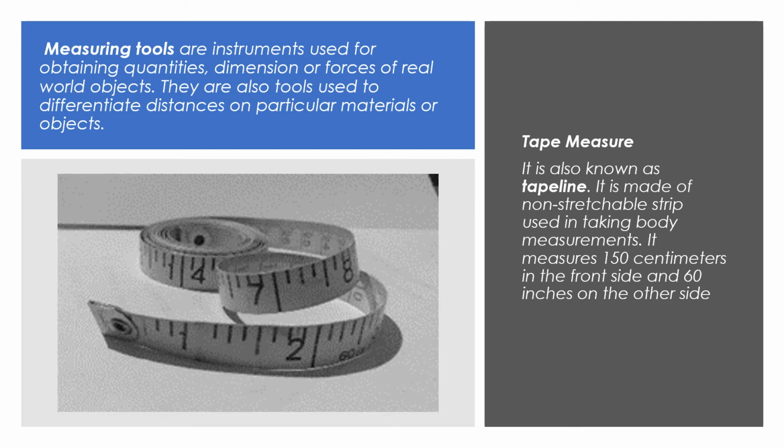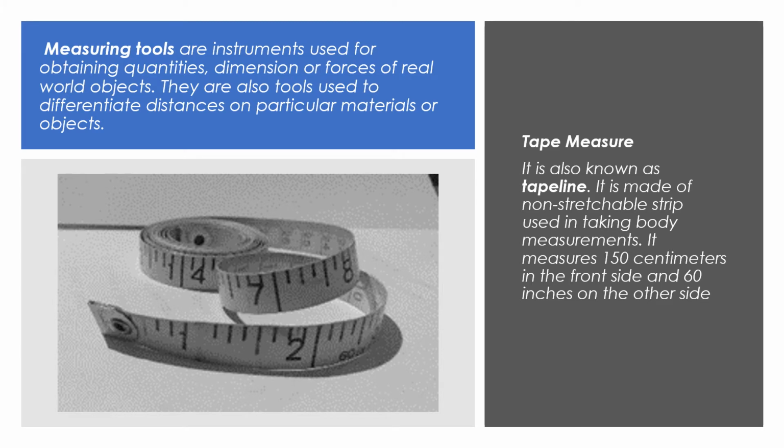For measuring tools, these are instruments used for obtaining quantities, dimension, or forces of real-world objects. They are also tools used to differentiate distances on particular materials or objects. Number 1 measuring tool is a tape measure.